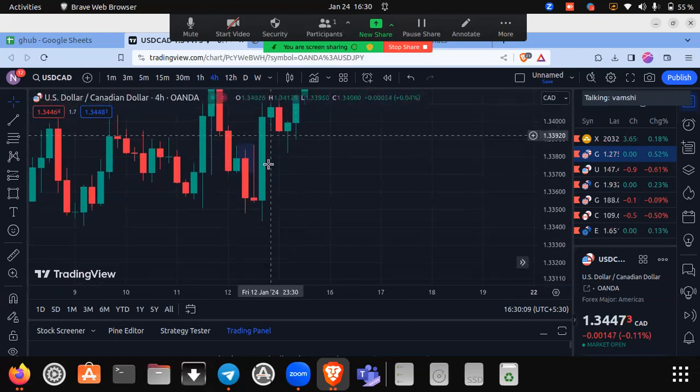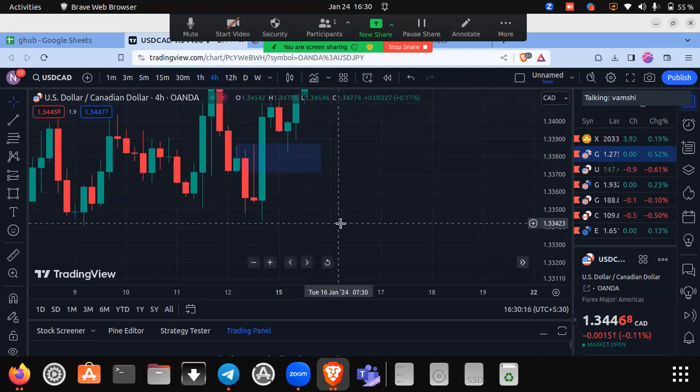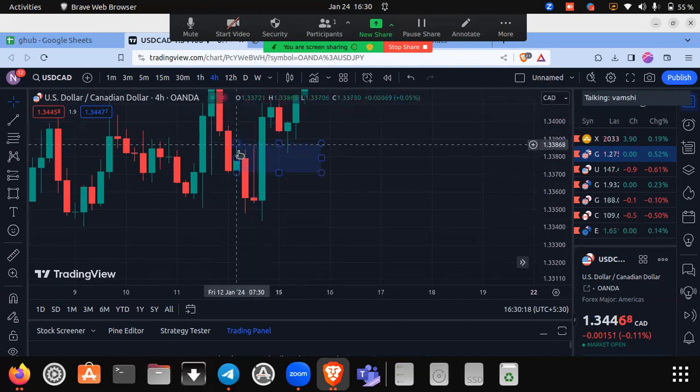Here this is an engulfing sell, the marked ones. This is an engulfing sell, and now here this red candle closed above the zone. Now this is an engulfing sell fail.